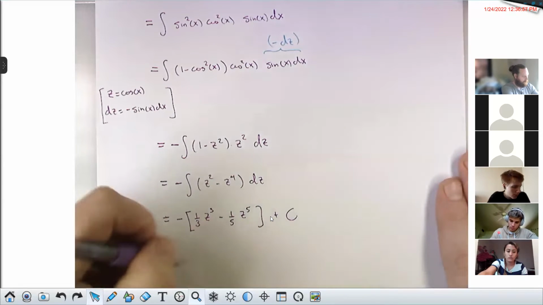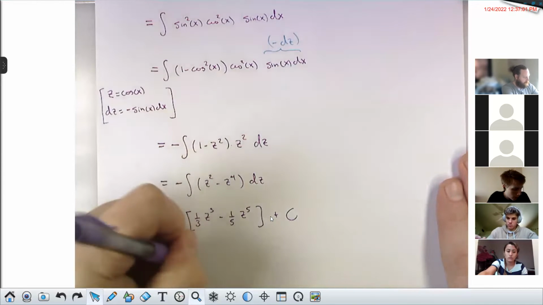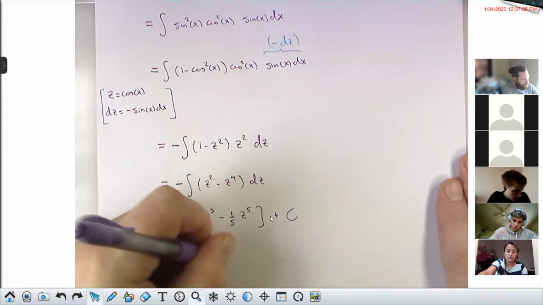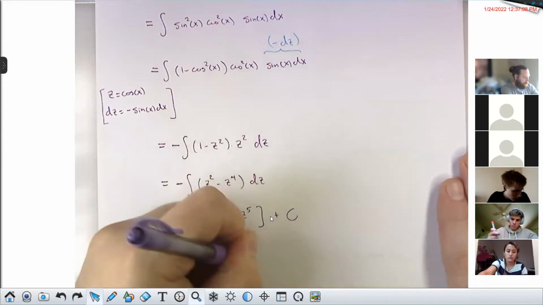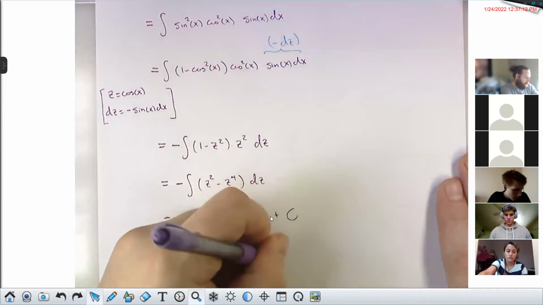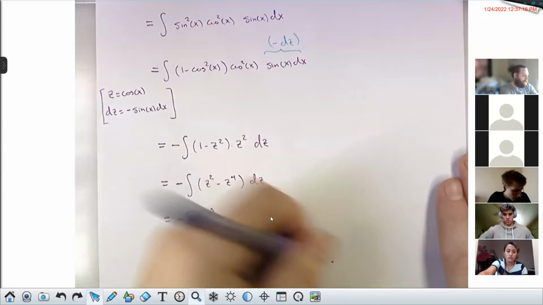And then finally, I distribute the negative and I plug back in for cosine. So this would be negative 1/3 cos cubed x plus 1/5 cos to the 5x plus a constant.